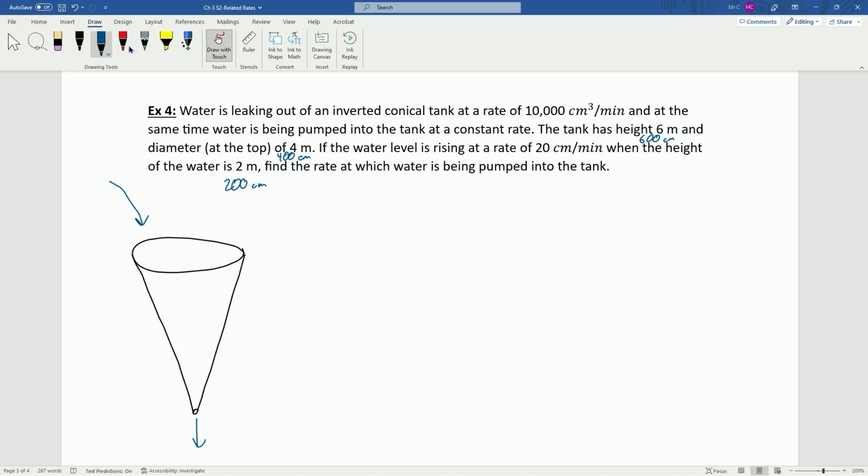Okay, and what do we know? Well, we know that the diameter at the top is 4 meters. That means that the radius at the top is 200 centimeters. And likewise, the height at the top is 600 centimeters.